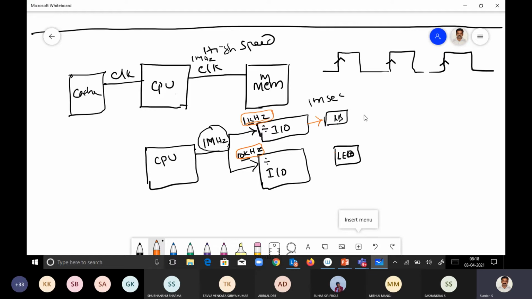This is called strobe signal. In the case of strobe, the CPU should work according to this speed. Sorry, not that speed, because the CPU should know. So when it is something like that, the CPU can approach this device after 1 millisecond. This is called strobe signal. In a simple way to understand, this is the strobe operation.